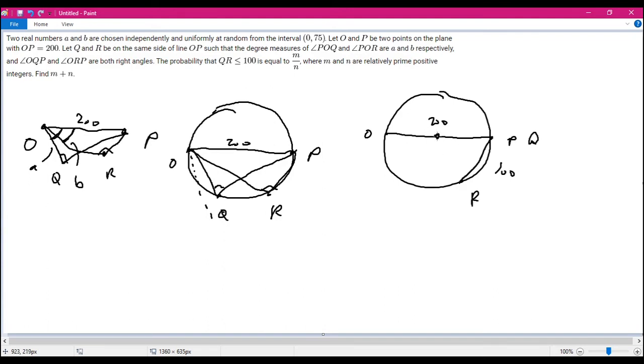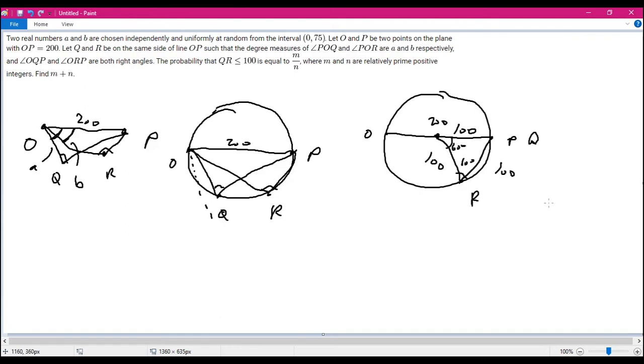If you split this here in the middle, you can see that half of 200 is 100. Or in other words, the radius is 100. And R is on the circle, so we can connect there and make another 100. So we have an equilateral triangle here. In equilateral triangles, we know these are all 60 degrees.